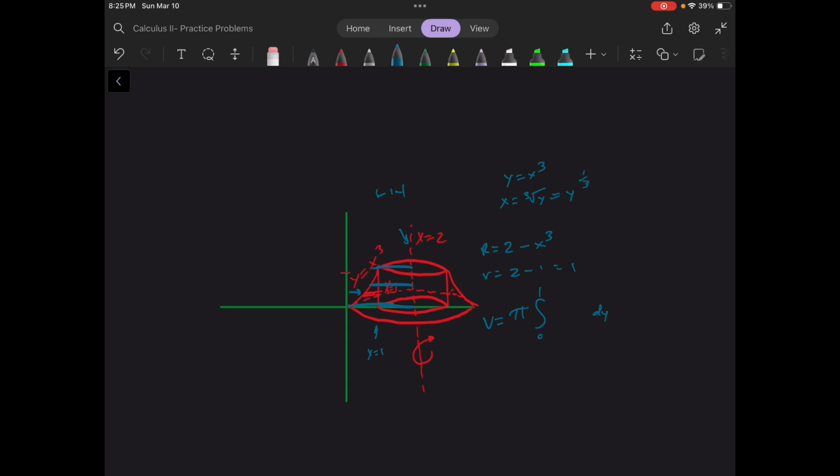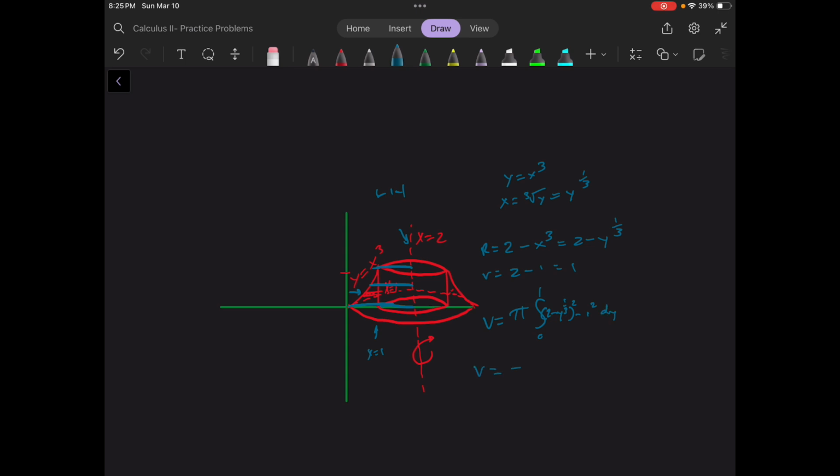So we could rewrite this as 2 minus y to the 1/3 to make sure that it is a function of y. So big R is 2 minus y to the 1/3, squared, minus little r, which is a constant 1, squared, dy, right?